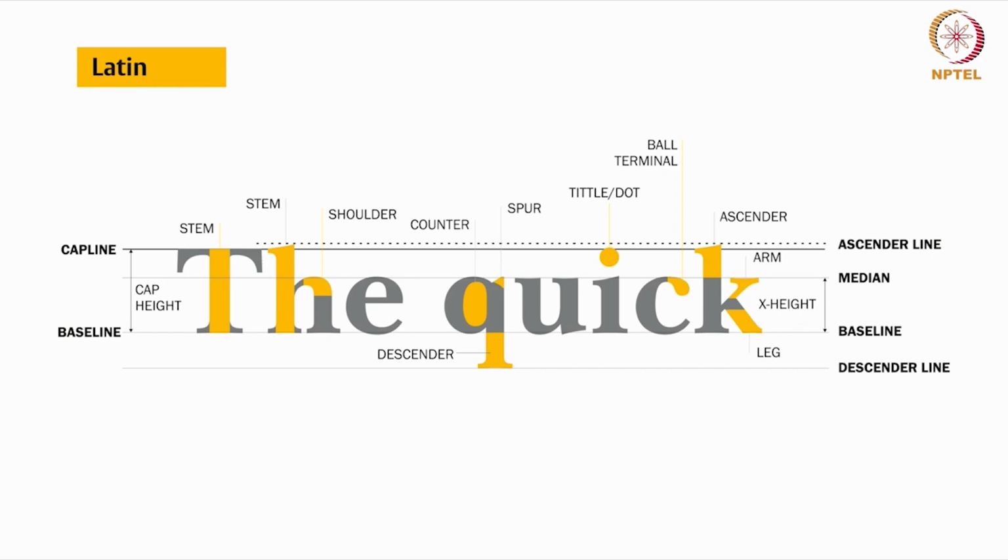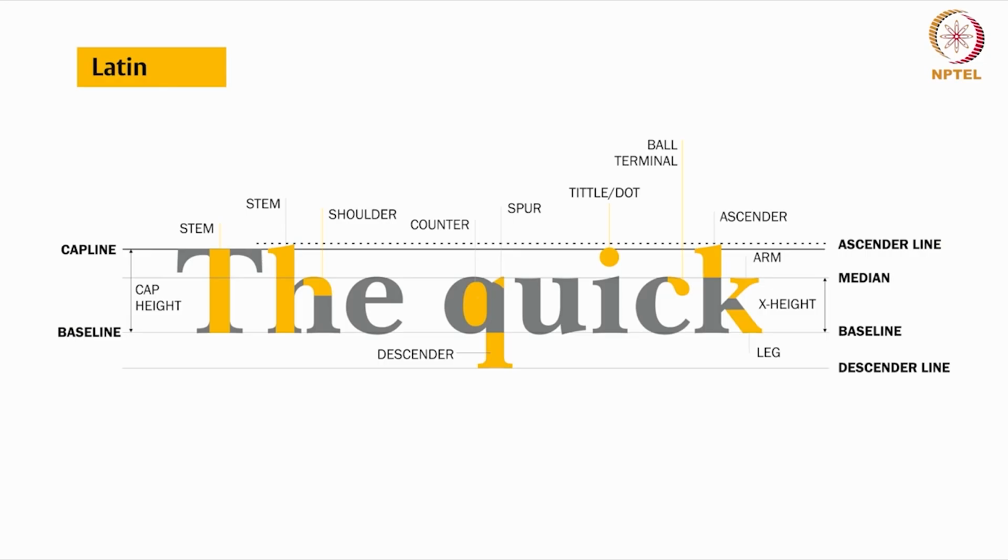It determines how tall lowercase letters can appear. When you have a higher x height, you have the possibility of bigger counter spaces. This is a counter. With a bigger counter, you have the opportunity to reduce the size and still have the counter visible on the page or screen.